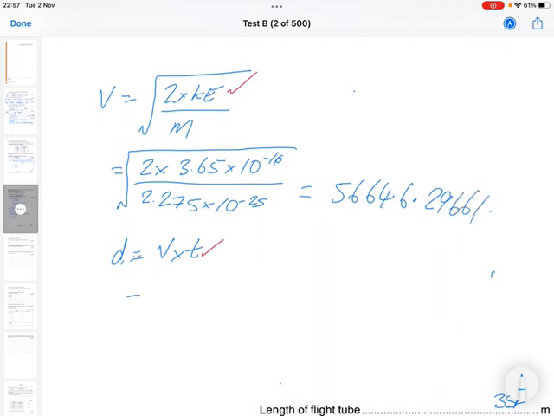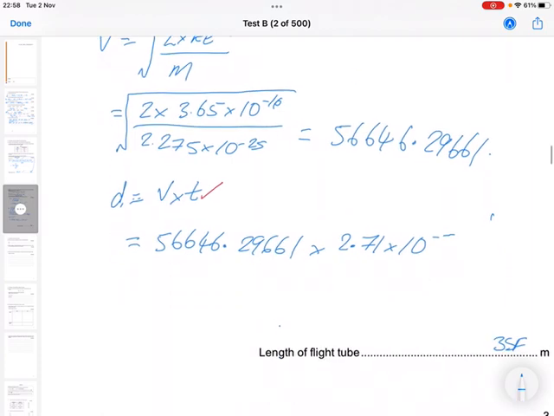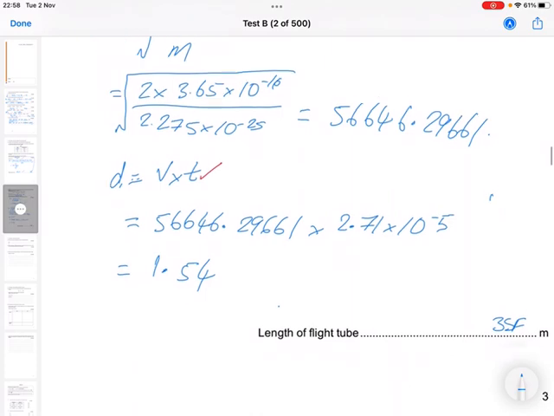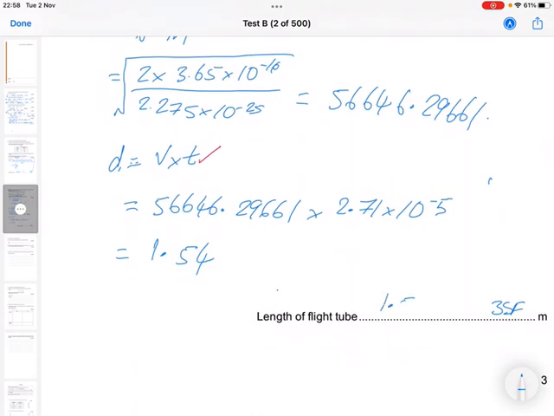So the distance is equal to that. So that's my velocity, 56646.29661, times the time in the question, 2.71 times 10 to the minus 5, which equals 1.54. Just checking that I've got that to 3 significant figures. 1.54.